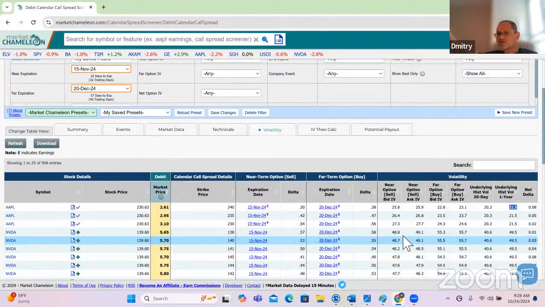Just to make it equivalent, if you have an option that expires in 2 days and one that expires in 3 months or 1 year, one implied volatility move in the further term option could be, I'm just making this up, equivalent to $1. The option could go from $10 to $9.